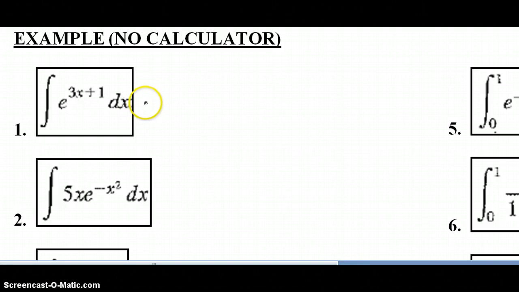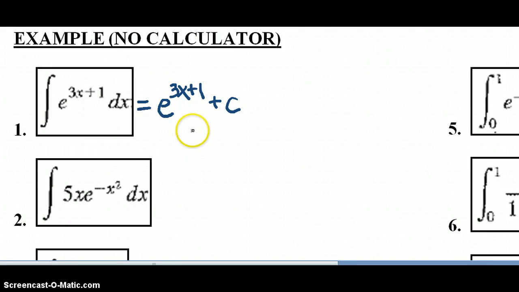The big mistake that a lot of students will make is they will try to integrate this and they'll say, well, if the rule says the integral of e to the u du is e to the u plus c, then this must just be e to the 3x plus 1 plus c. Done.